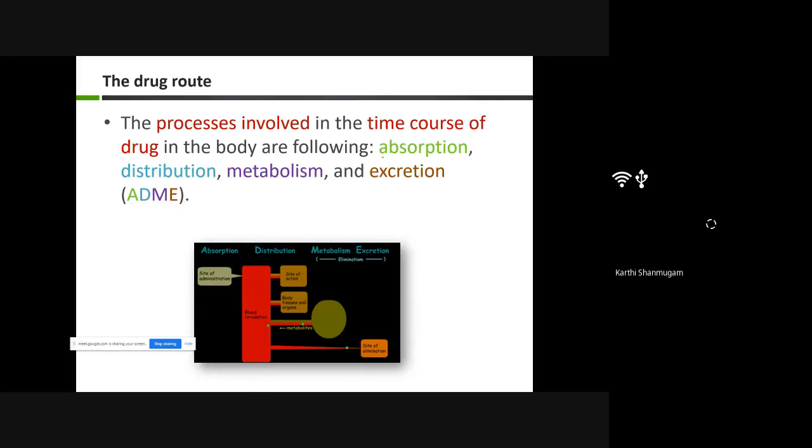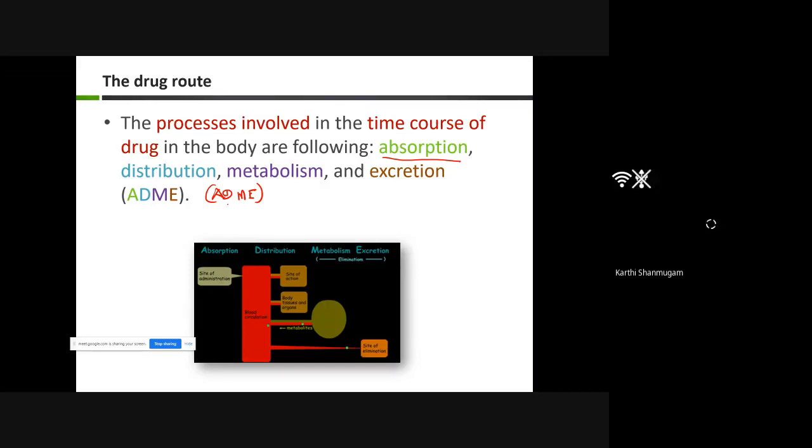Four important things happen within the body once you take the drug molecule. The first step is absorption, and the second step taking place inside the body is distribution, then metabolism, then excretion. These four parameters are very often referred to as ADME properties. For a good drug molecule, these properties are very important.